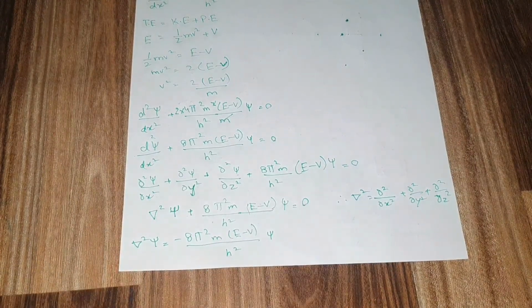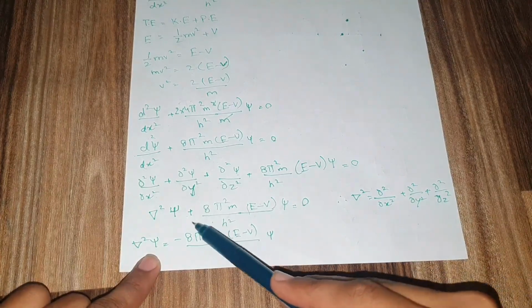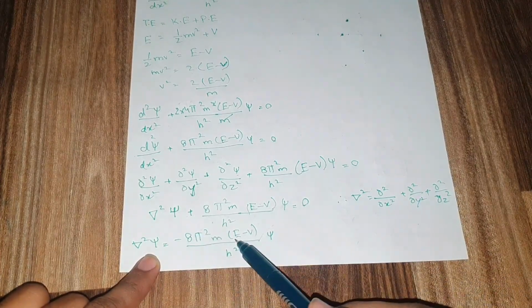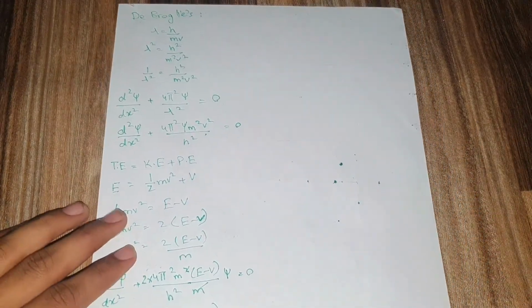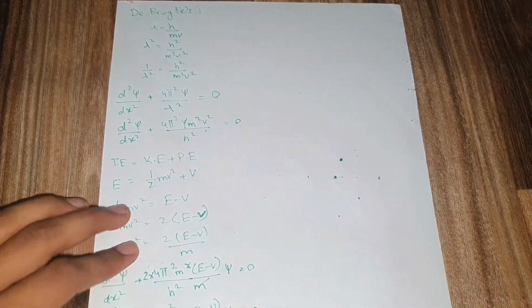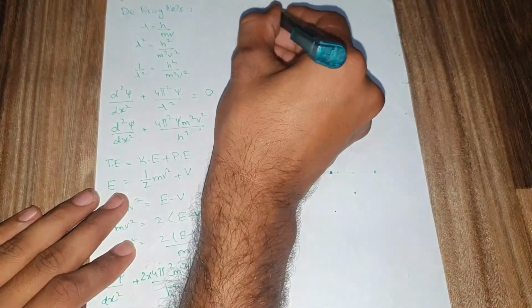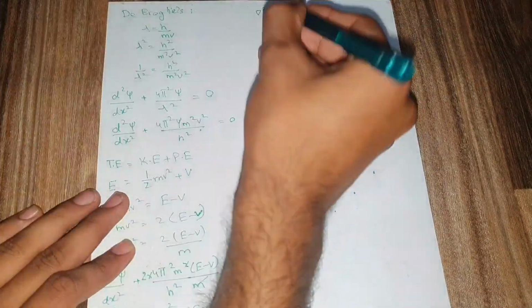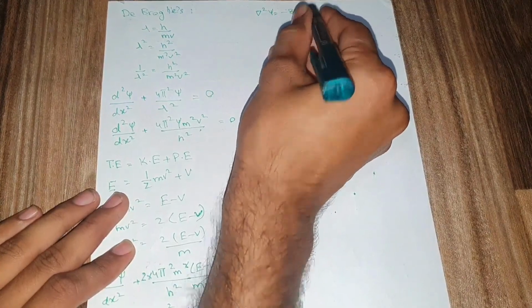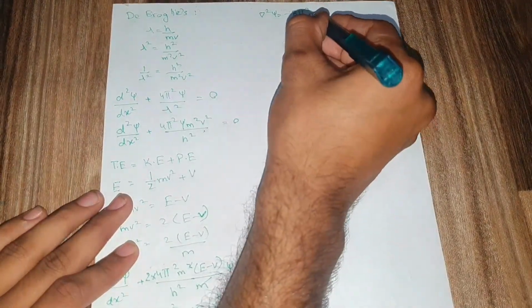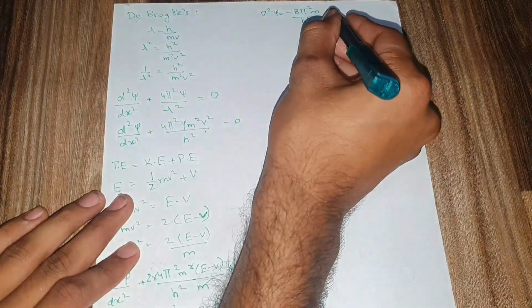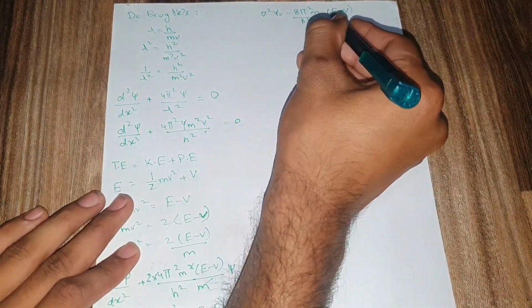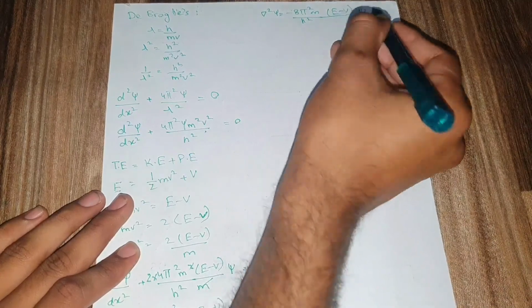The next thing, I am going to multiply this whole equation with E and V. So let's see what it becomes. I'm going to write that part of the equation again. Del squared psi is equal to minus 8 pi squared m divided by h squared (E minus V) into psi.